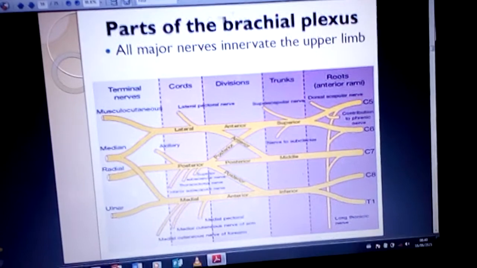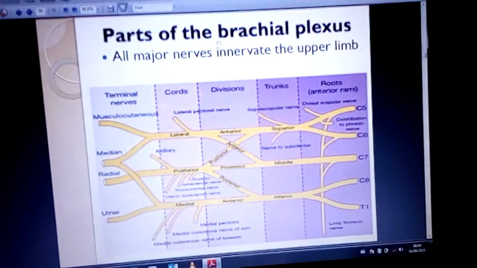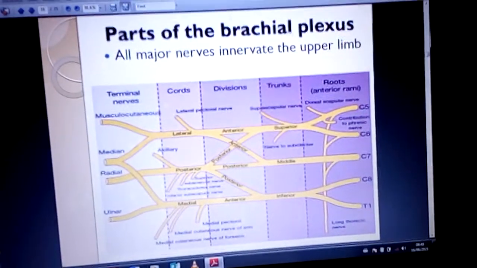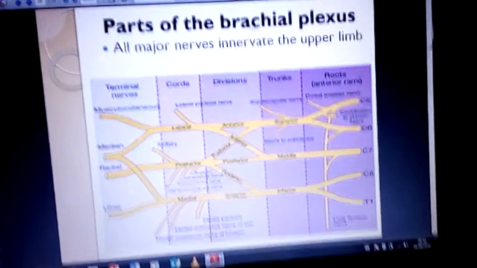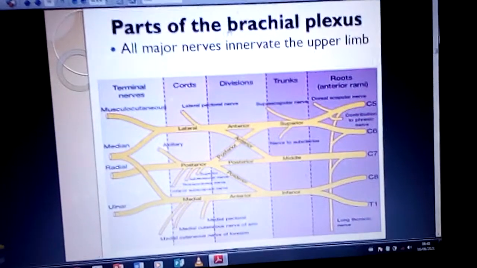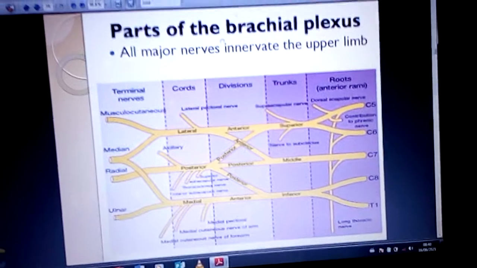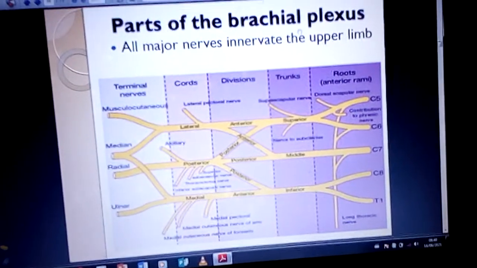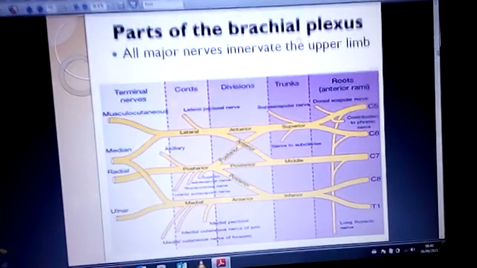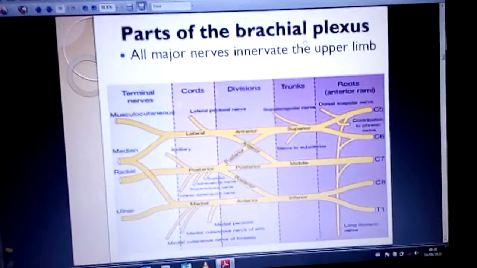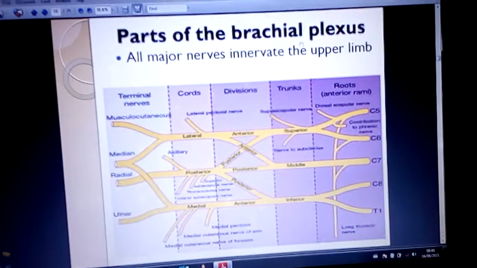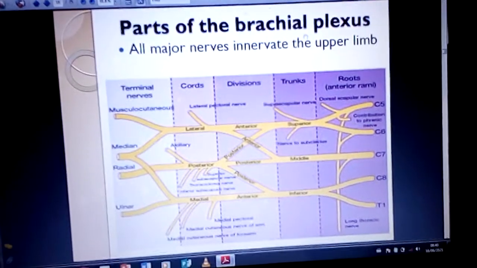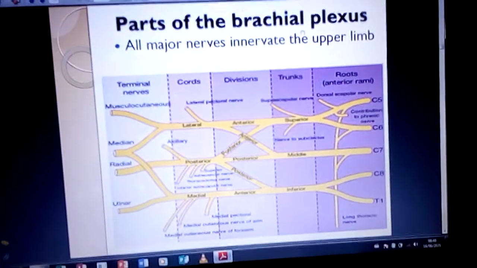So for us to understand the bronchial plexus very well, we need to have a background on the branching of the spinal nerves. We all know the spinal cord is divided into regions according to the vertebral bones.